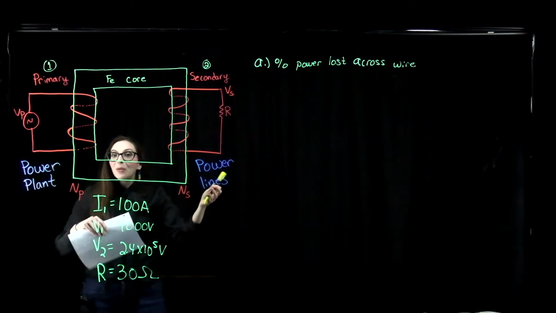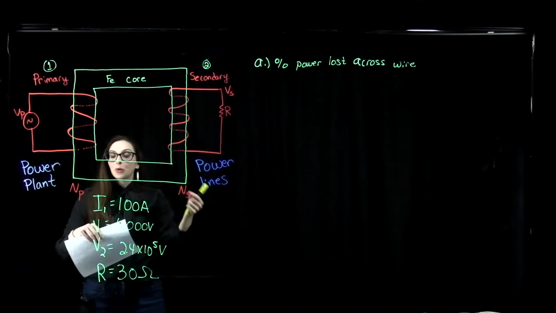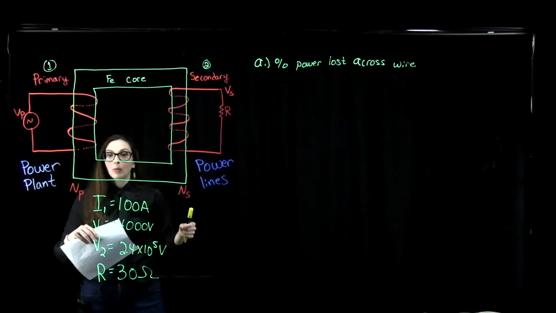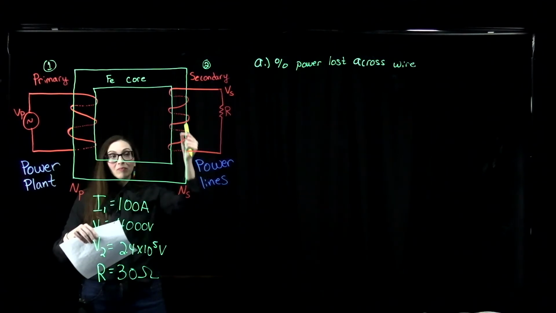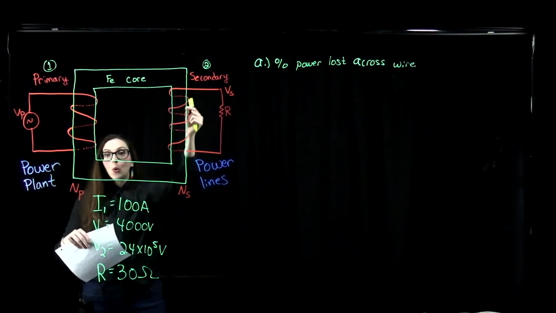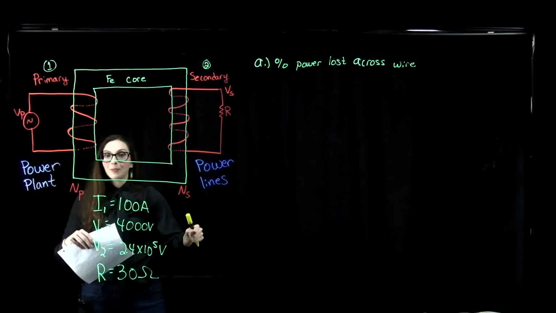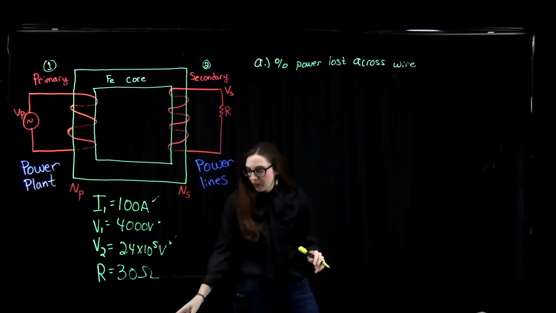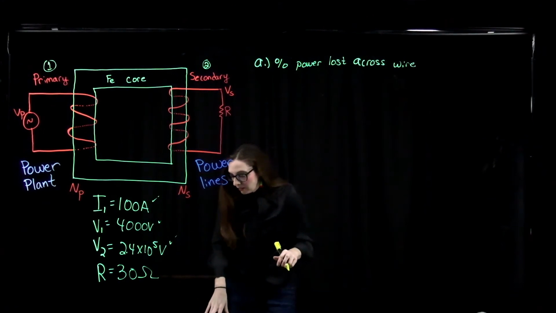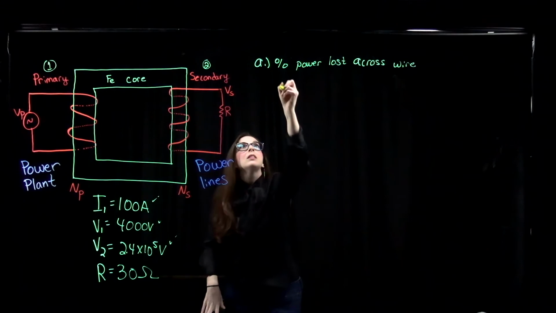And when that power gets to your home, it has to go through a step down transformer to take that high voltage, low current electricity through those long distance power lines and transform it back down to a lower voltage, higher current. For the percent power lost across this wire, well, let's see, the power lost.